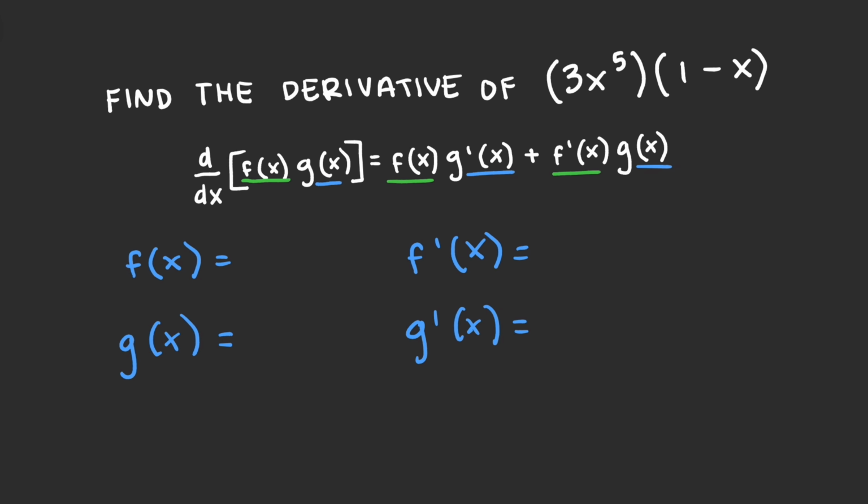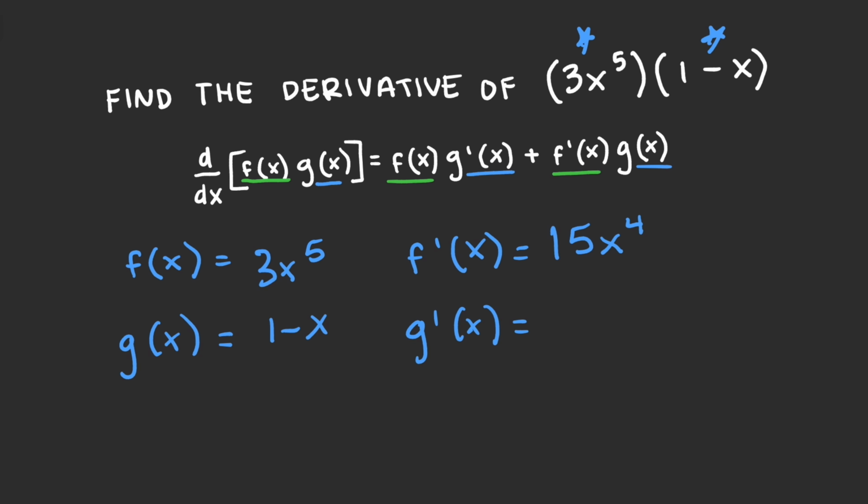And for our final example, we're going to use the product rule one last time to find the derivative of 3x to the 5th power times 1 minus x. So remember, this right here is our first function, this right here is our second function. So if we plug that in, f of x would be 3x to the 5th power, g of x would just be 1 minus x. And the derivative of f of x would be 15x to the 4th power.